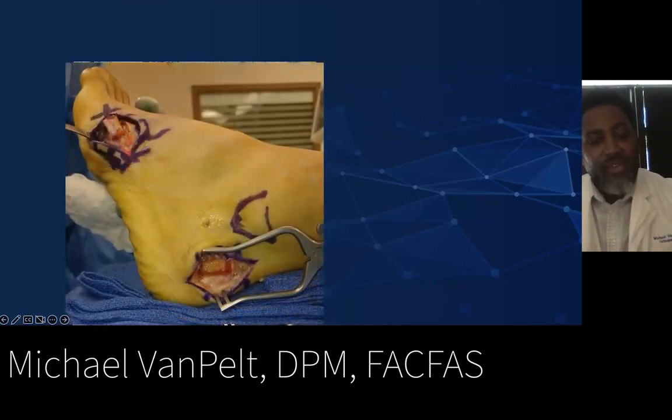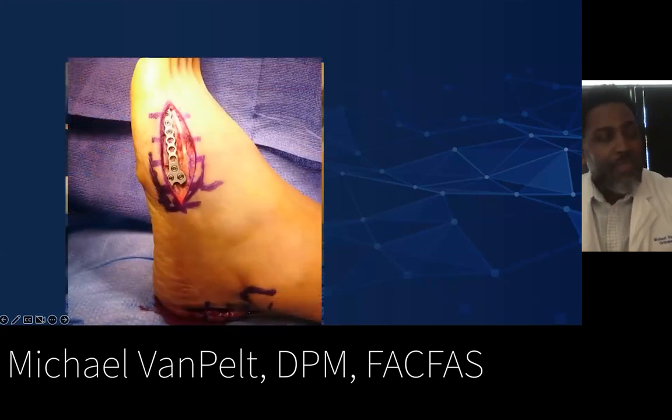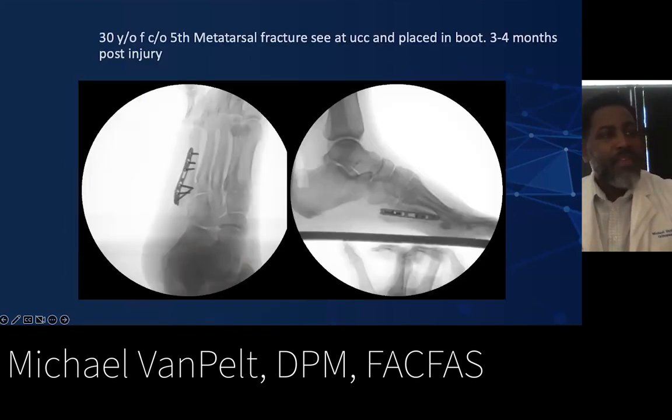If it's just a non-union in an athlete, then I would just use the reaming method. Break up that fracture site and try to stimulate endosteal bone healing across the fracture site. You can see I took my graft.